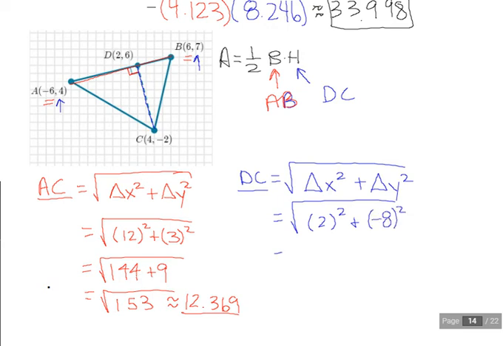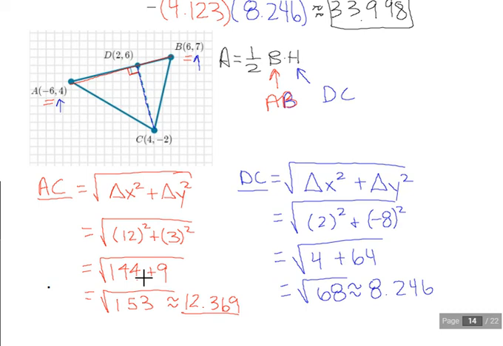So that's 4 and 64, so that's going to be 68. And the square root of 68 is going to be 8.246. All right, so now we have all we need to operate our formula.